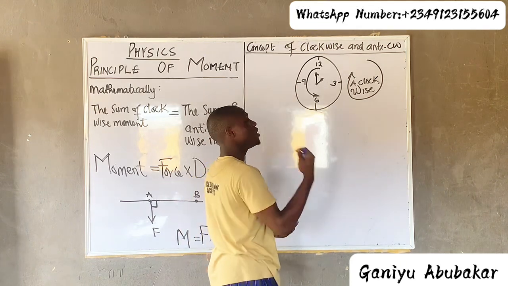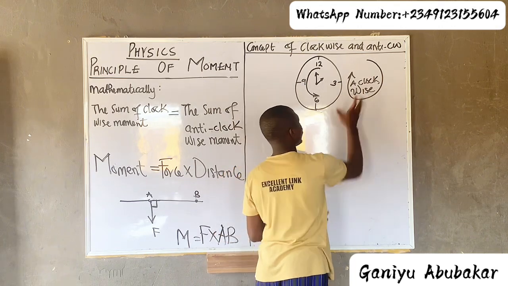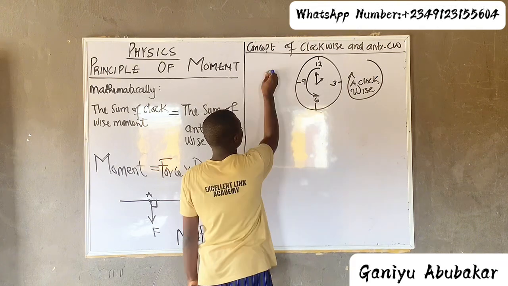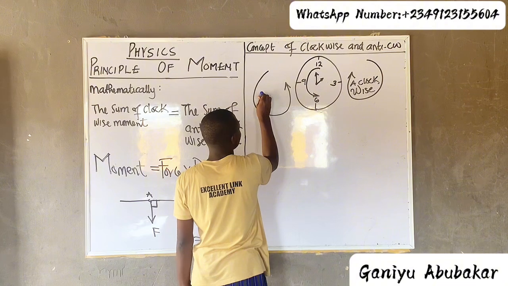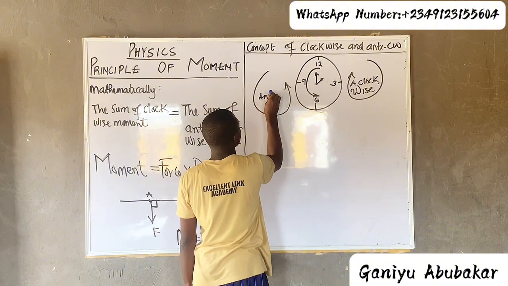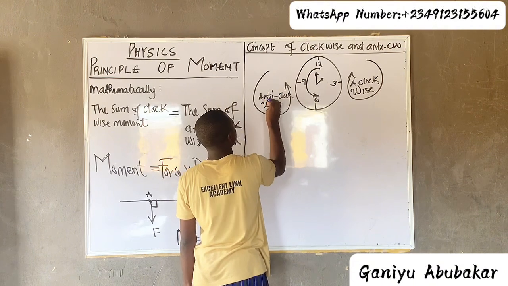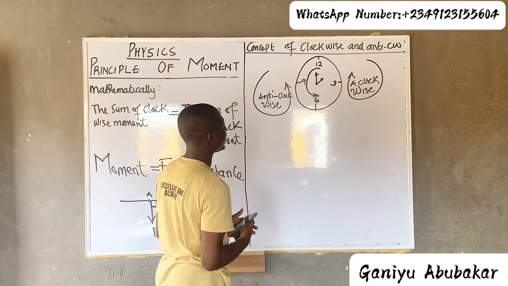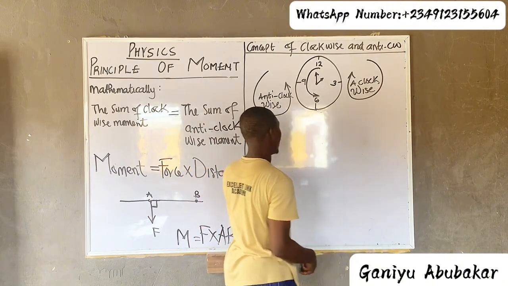So we are familiar with a clock moving in this form. This form we're familiar with is called clockwise. While this form that looks strange is called anti-clockwise. This direction is called anti-clockwise. So this becomes my explanation of the concept of clockwise and anti-clockwise.